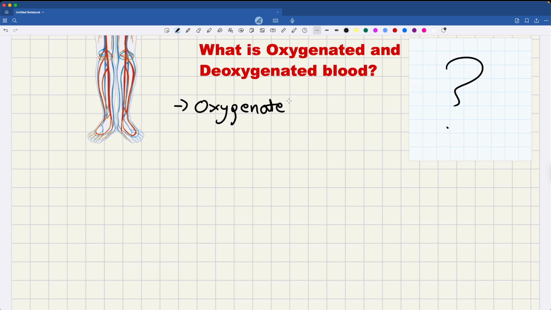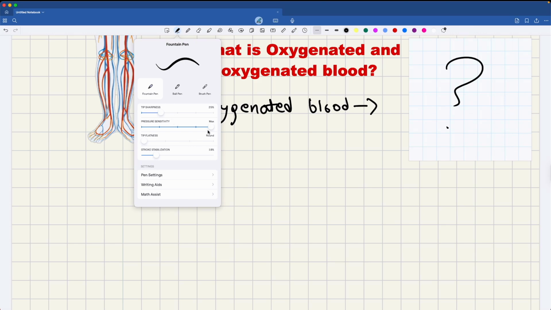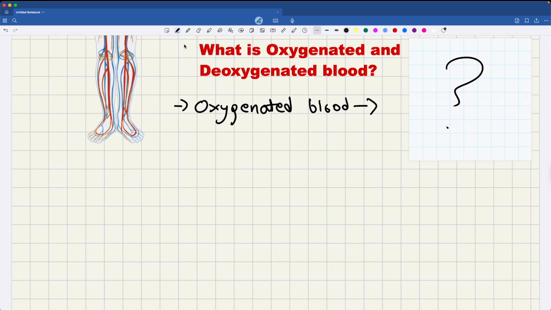Oxygenated blood is blood which is rich in O2, and which usually circulates from the lungs to the heart.